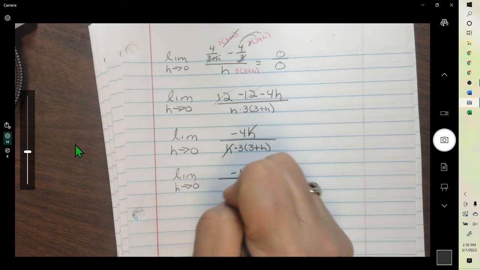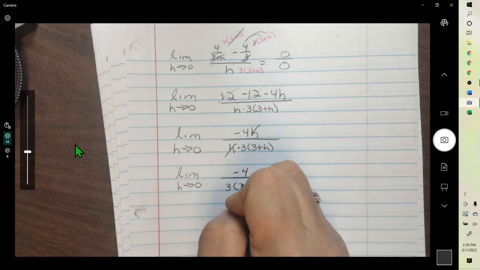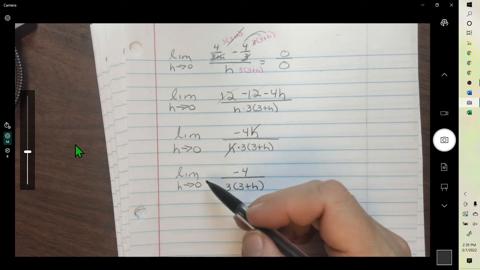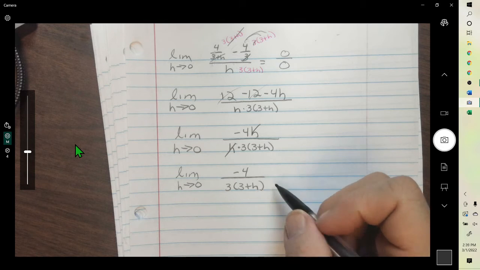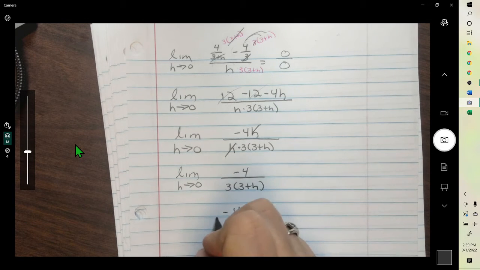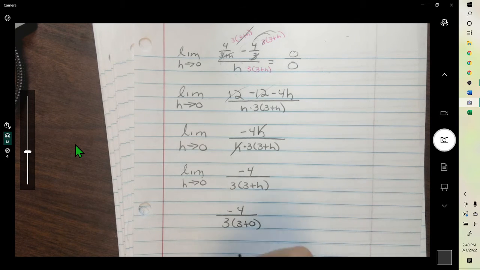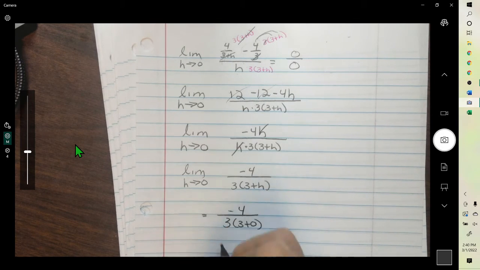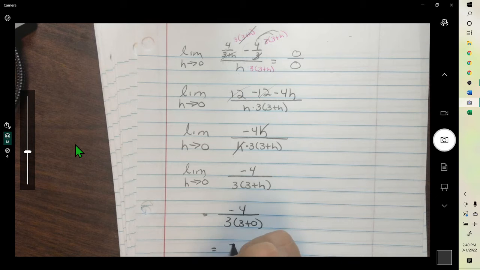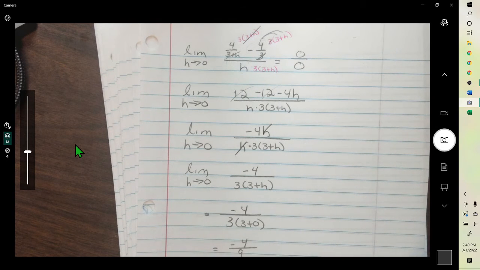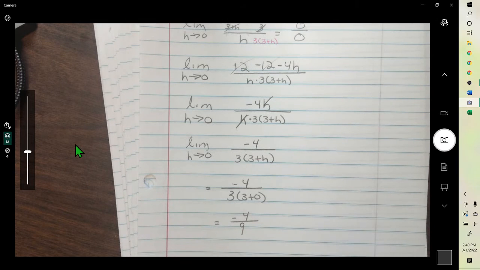Negative 4 over 3 times 3 plus h. Once that original h cancels, you can plug your 0 in again. Negative 4 over 3 times 3 plus 0 is a negative 4 over 3 times 3, which is 9. So our answer is a negative 4/9.